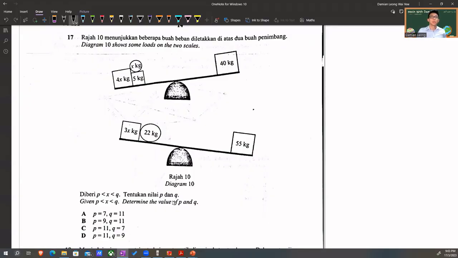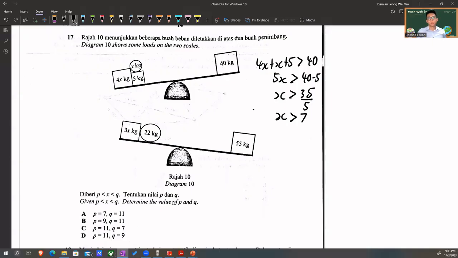So 4x plus x plus 5 is heavier, means more than 40. So 4x plus x is 5x, bring over the 5, plus opposite minus, which is 35. Divide by 5, so x is more than 7.